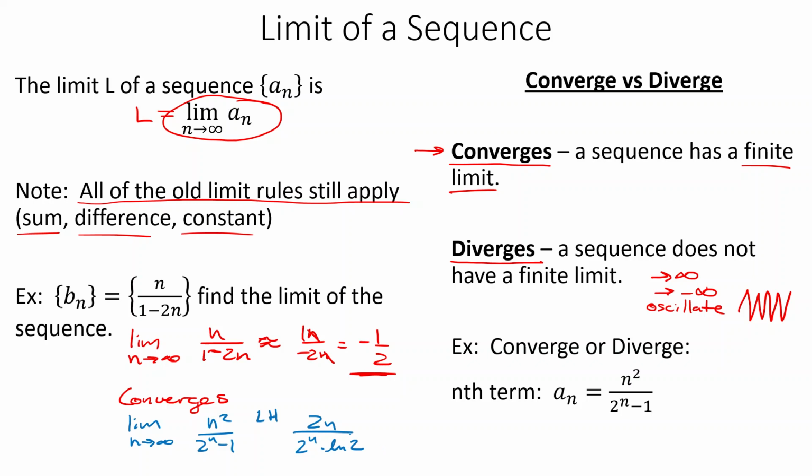And they're still both going to infinity. So if we did L'Hopital's rule again, we'd have just 2 on top, and we'd have 2 to the n times ln of 2 times another ln of 2, so ln of 2 squared. So the top is now constant. The bottom is still 2 to the n, so it's going to go to 0. So this guy does converge. He converges to 0.